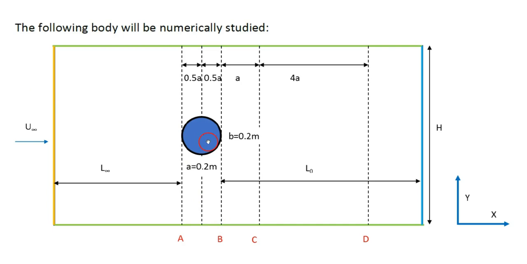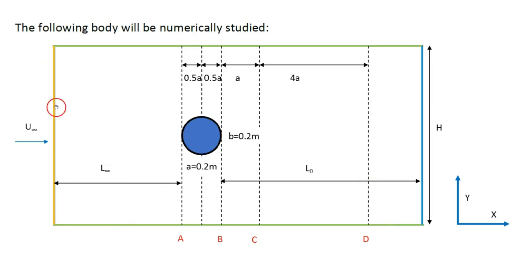Okay, so from the problem statement we see that line A is 0.5 A meter away from the center of the circle. Line B is 0.5 A meter away from the center of the circle. A is on the left, B is on the right. Line C is 1.5 A meter away from the center, and D is 5.5 A meter away from the center.